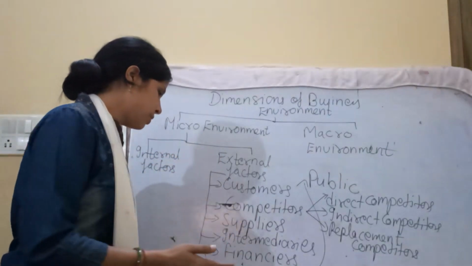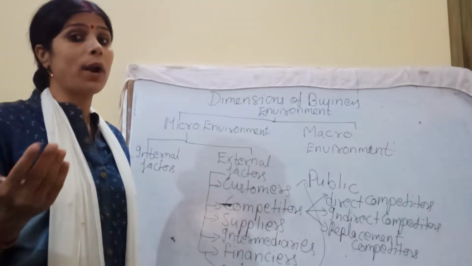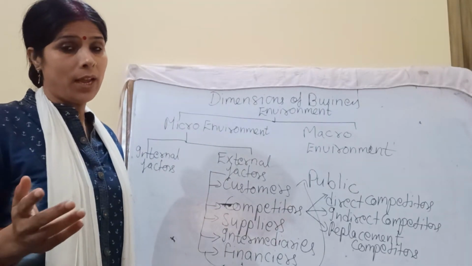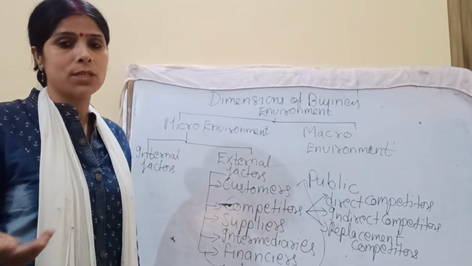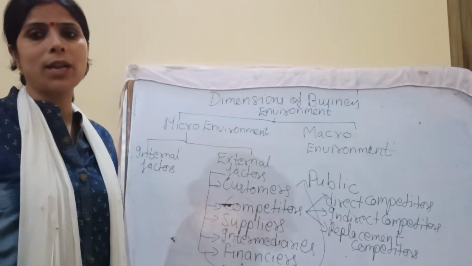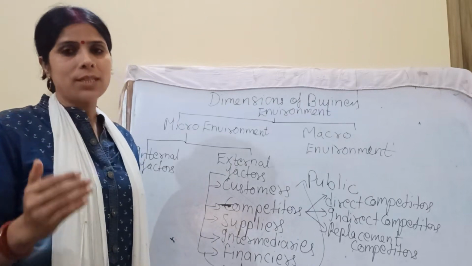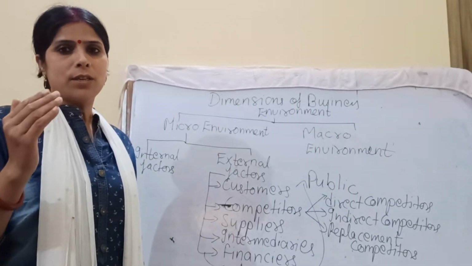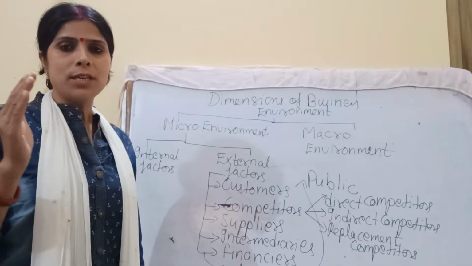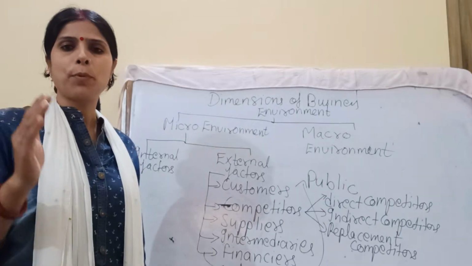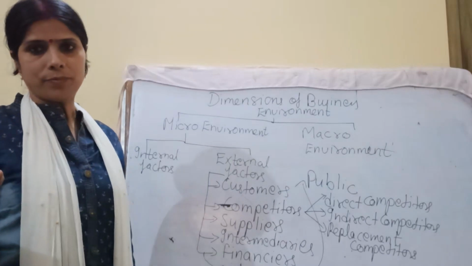These are the financiers who provide the help. Suppose they do not provide the help to the business concern, then what will happen? The business will not be able to produce the products on time. So this is a great need of business concerns. These debenture holders and financial institutions provide financial help to the business concerns.